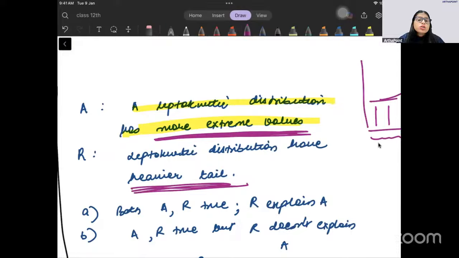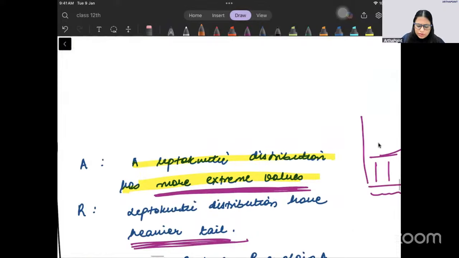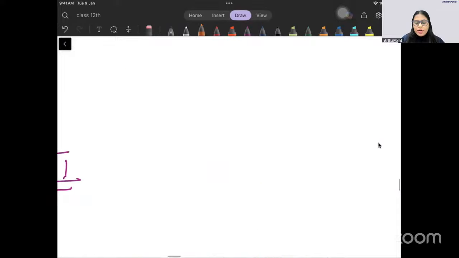So which distribution has more extreme values? That means higher frequency is seen there. It is platykurtic. One thing most of you can get confused about: here, extreme value does not mean outlier. There is a difference between the two. Suppose my data is 0, 1, 2, 3, 4.